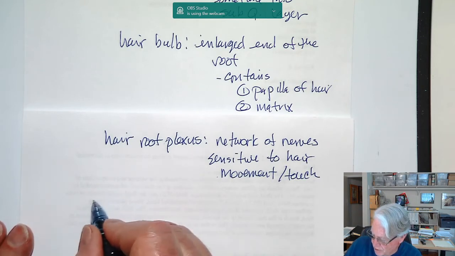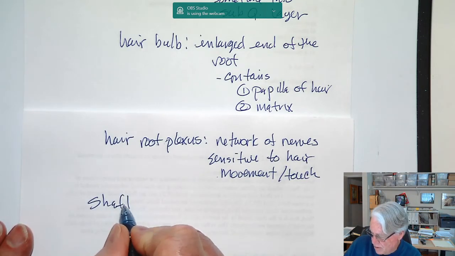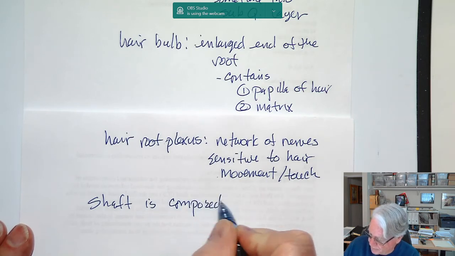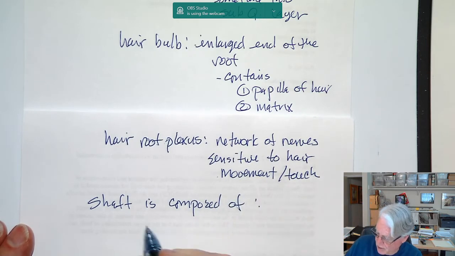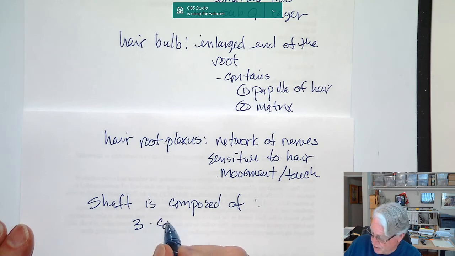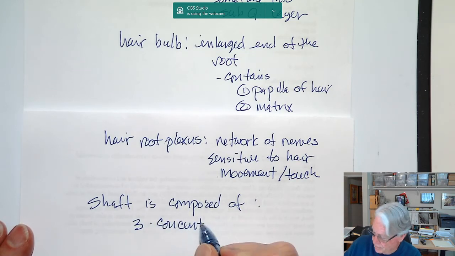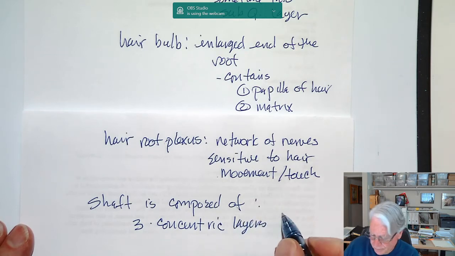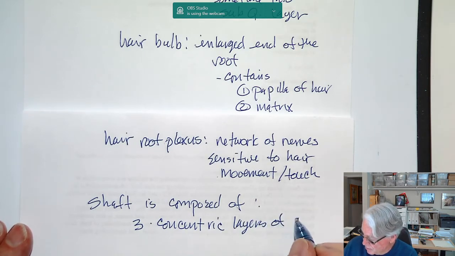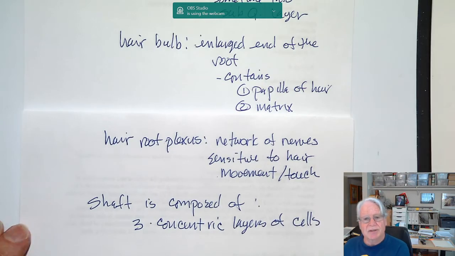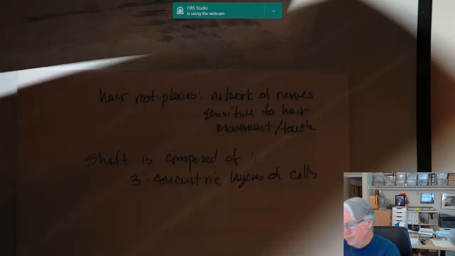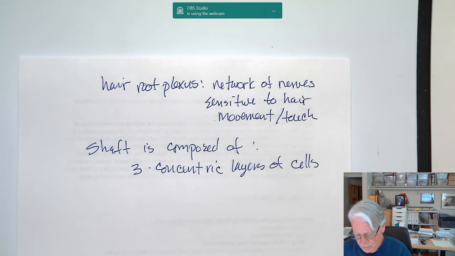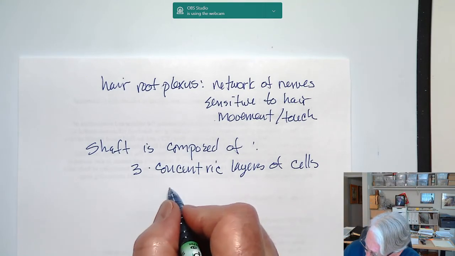So we're going to see how the shaft is composed of 3 concentric layers of cells, not so much tissue, of cells. Okay. And we'll just list them and then we'll describe.